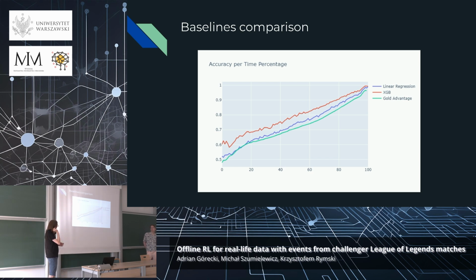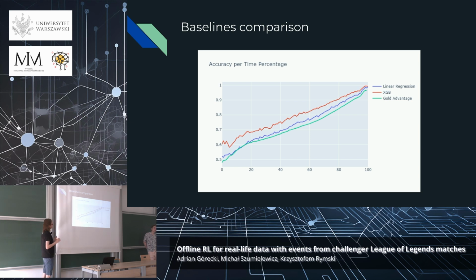Here, maybe I will explain what the graph is, what it exactly contains. For each match, this is accuracy in percentage of a given match. So for example, at 50, we'll see how accurate those models were at exactly the half point of each match.